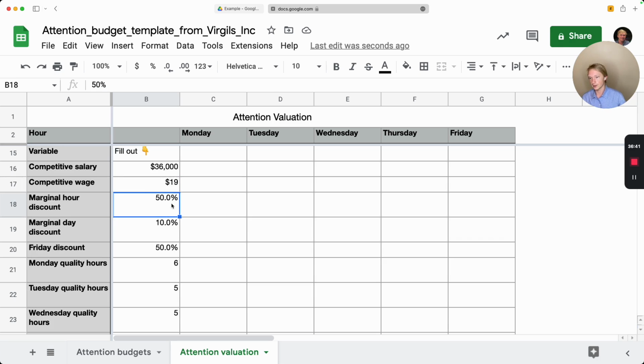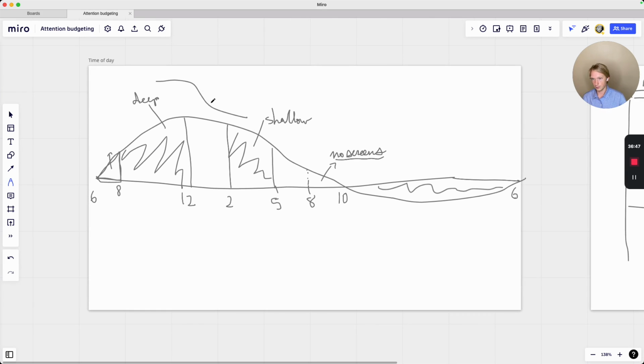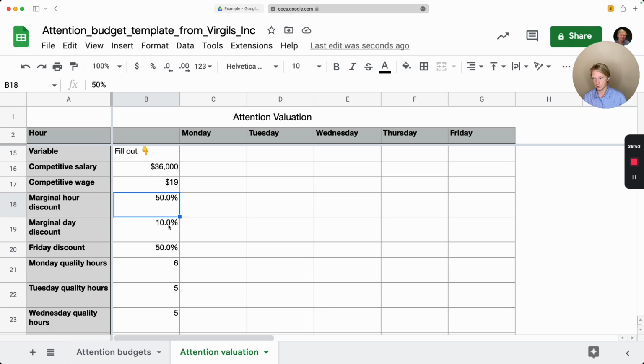Then, we talked about in the model, there's a big marginal discount hour by hour after all of your deep work hours are used up. I calculate that as approximately 50%.